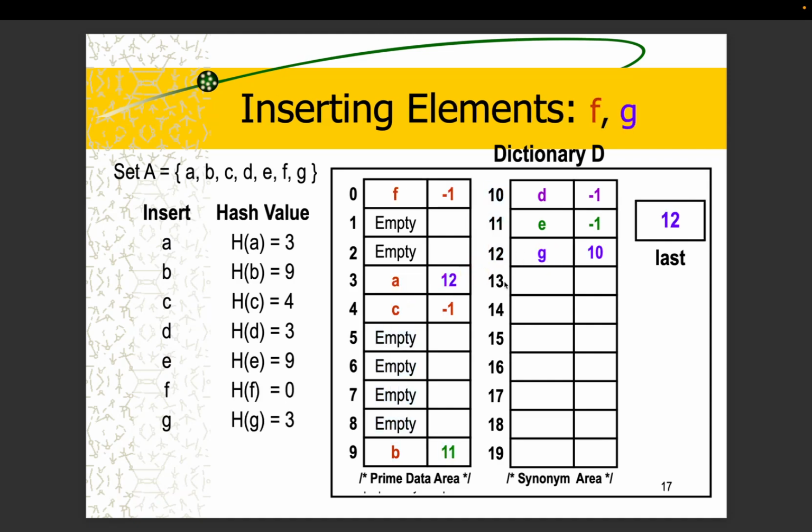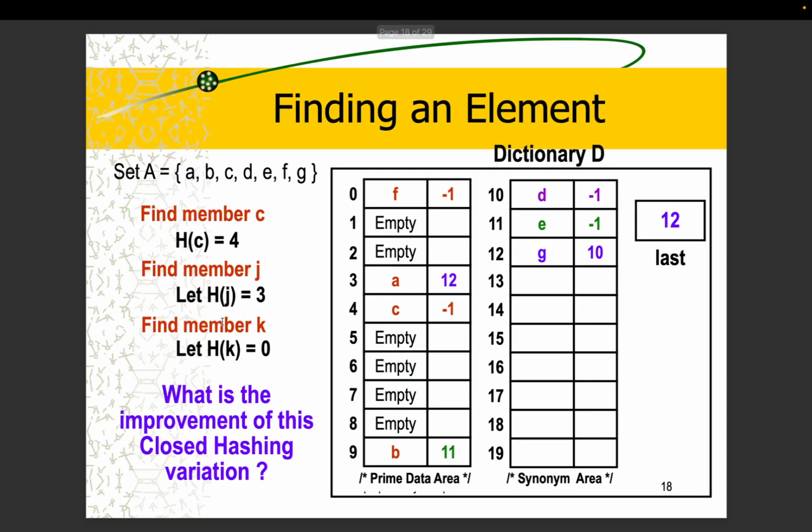So if I take a look and I'm searching for D, wait, I don't have a D, so never mind, let's just keep going. So let's look for C. C is index 4, and I'm searching until I find a negative 1 link, and this is the case. So C was found.